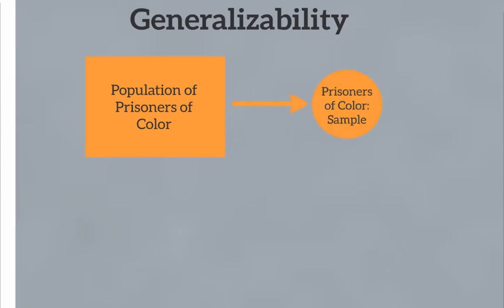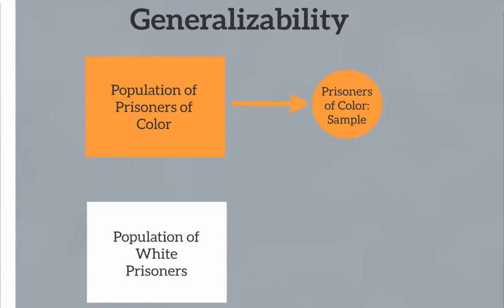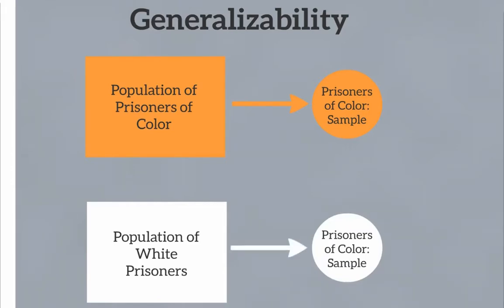And so we're extracting the sample of prisoners of color from the overall population of prisoners of color. So in this case, in the Stanford Prison Experiment, we can maybe say people of color instead. And then we're taking a population of white prisoners and doing the same thing. We're extracting a sample from those, and what we're doing now is we're going to compare the two means across these two groups. So this is where independent samples come in.